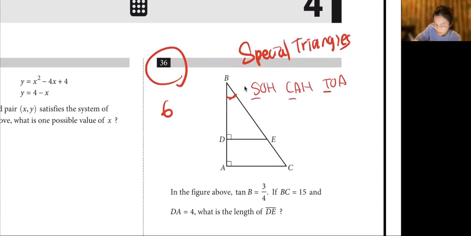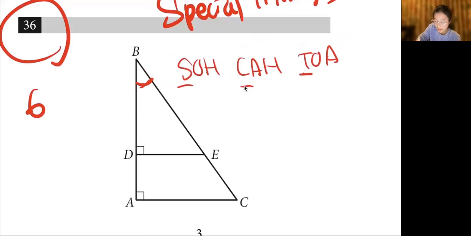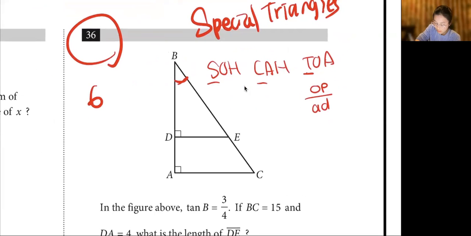It's sine, cosine, and tangent, and tangent is the last part, so it's going to be opposite over adjacent. It's saying tangent B is 3/4, so the opposite is going to be 3, and the adjacent length is going to be 4.